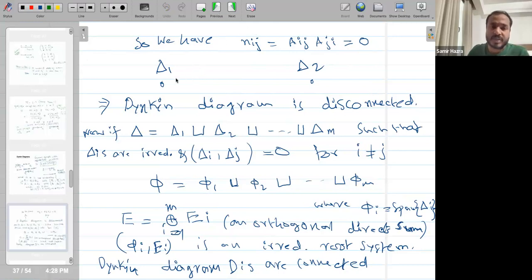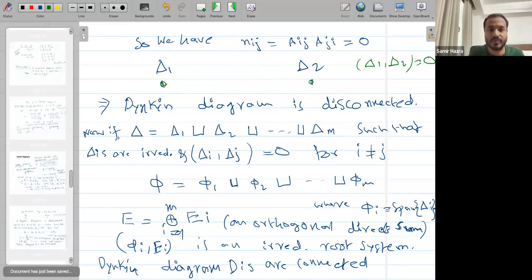So in picture, if we take this to be the first collection and this to be the second collection, we know that since this is reducible, we took them to be orthogonal, right? And since they're orthogonal, if any node is here and any node is here, Nij is actually 0. Therefore, there are no edges. So 0 number of edges, right? So there is no edge between these two. So then what happens is that there is no connection from any of these vertices to any of these vertices. So the Dynkin diagram becomes disconnected.